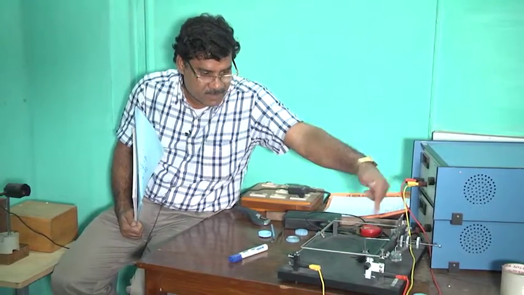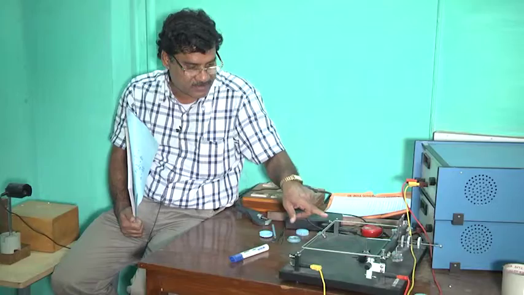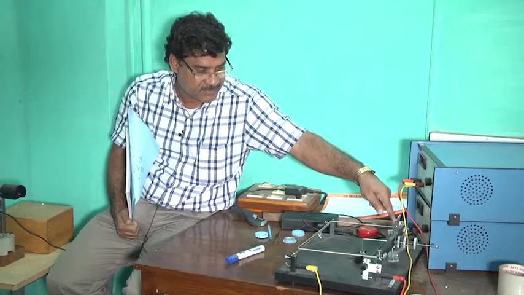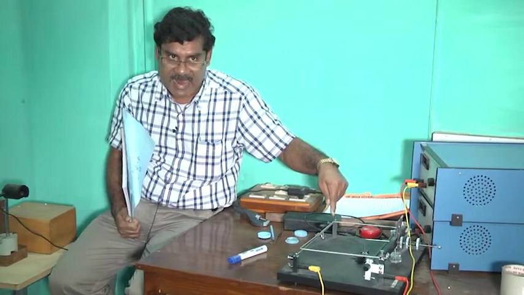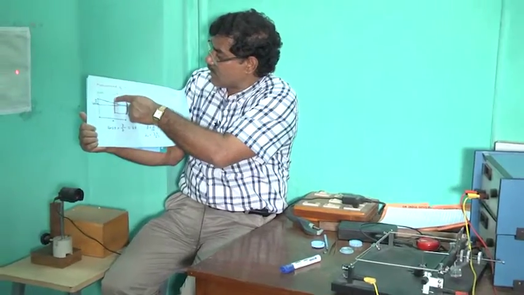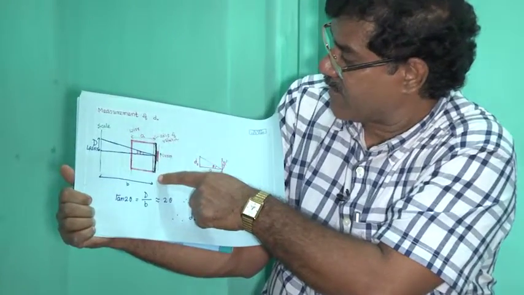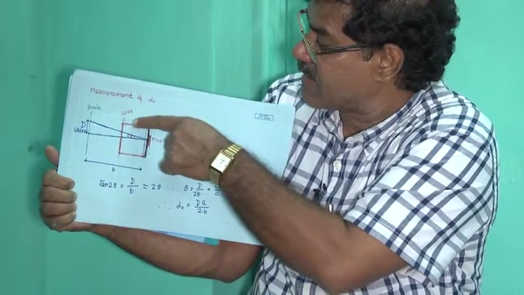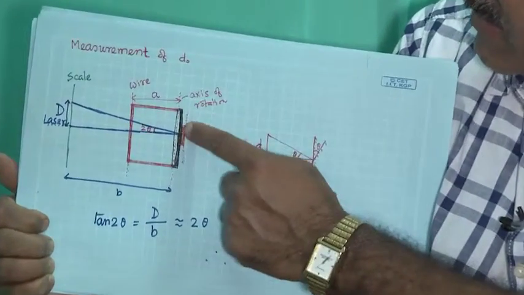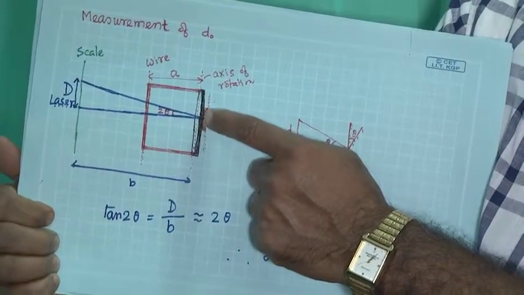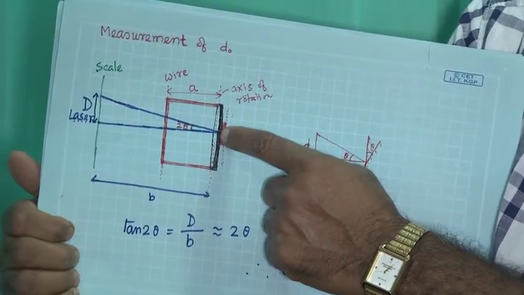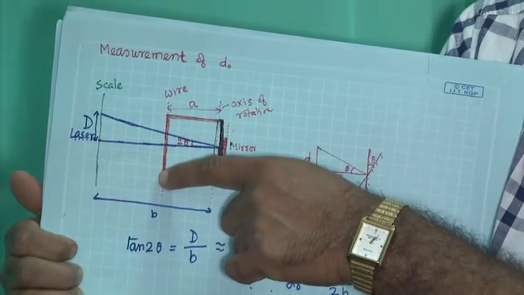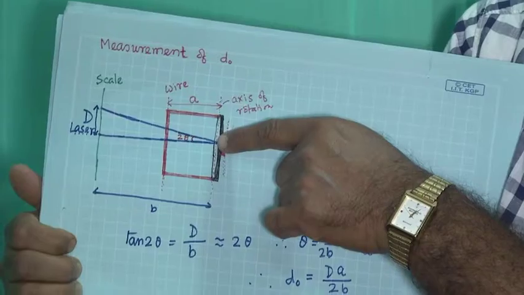Now another arm, this top wire, the distance between these two, if it is a distance a, this is the axis of rotation, and this is the top wire, and the mirror is here, right. If the mirror is rotated by theta, there will be deflection of this arm, because it is fixed with this.